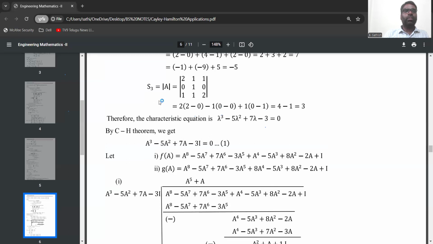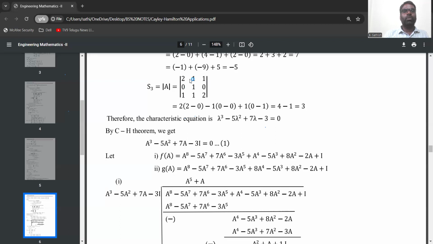Now we'll calculate the S3 value, which is simply the determinant of our given matrix. That is 2 into the determinant of this 2 by 2 matrix: 1 2 1 2s are 2 minus 0. Next, minus 1 into, removing this column and row, we get 2 0 into 2 0, minus 1 into 0 is 0.